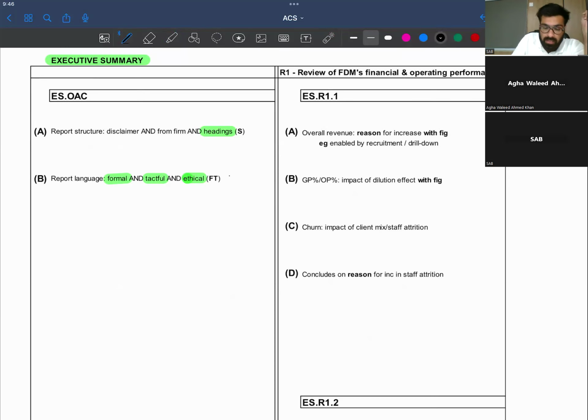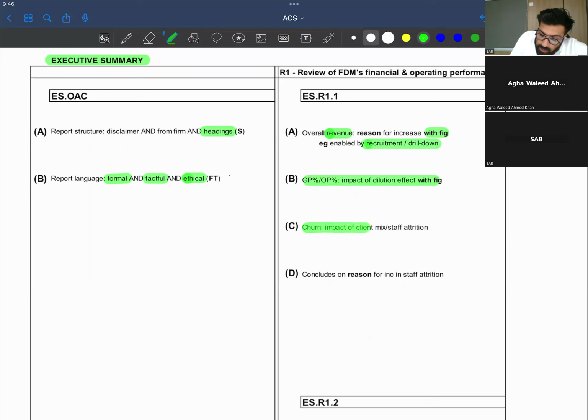Then again, the executive summary of requirement 1, page 1 of requirement 1: first you'll discuss the overall revenue with figures, and the reason needs to be mentioned. So they have told you that in the executive summary you have to do that. Similarly, GP percent and OP percent, you're going to discuss with figures.